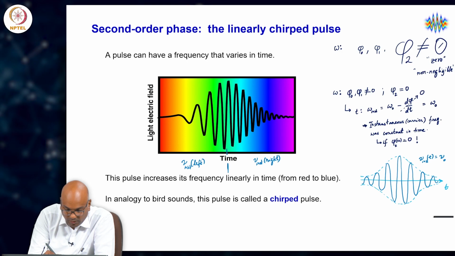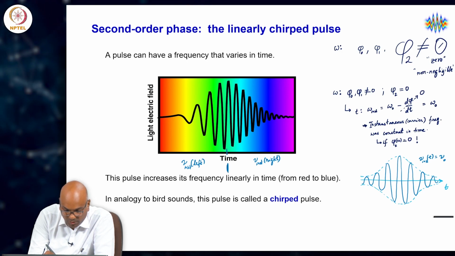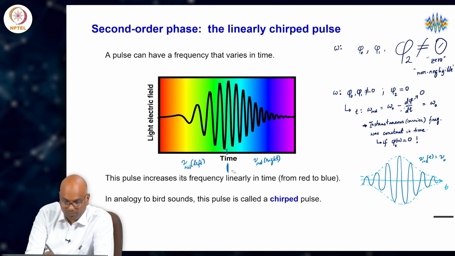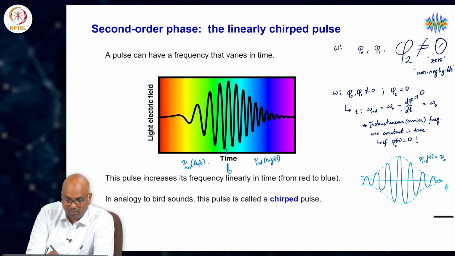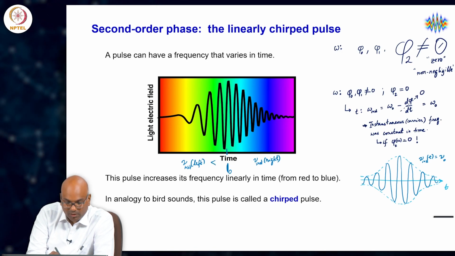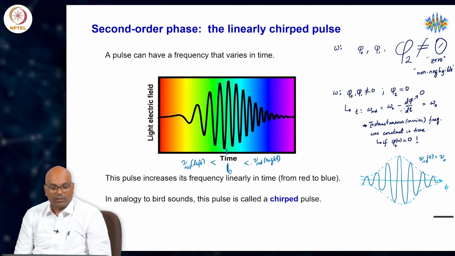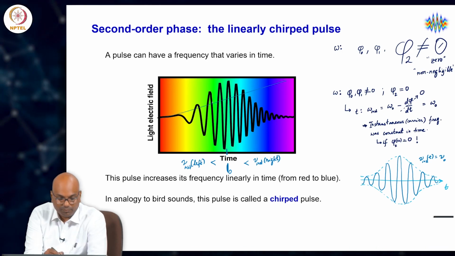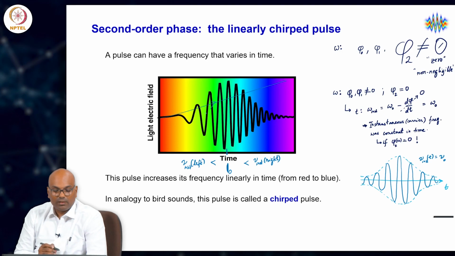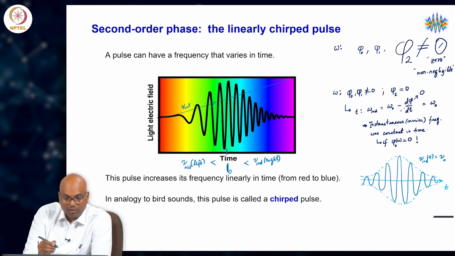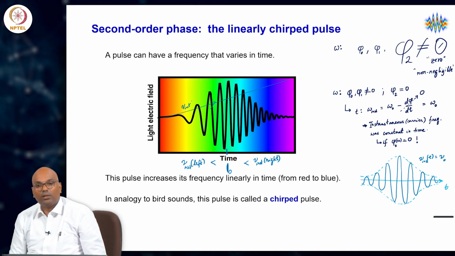If I call this my 0, left and right marked with respect to this 0 of my time axis, the frequency here is lesser than on this side. The instantaneous frequency, nu instantaneous, increases with time.